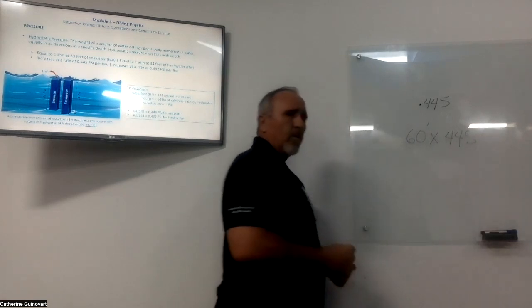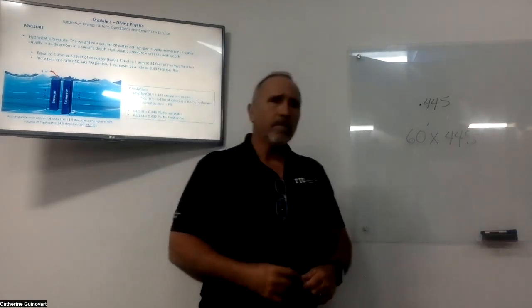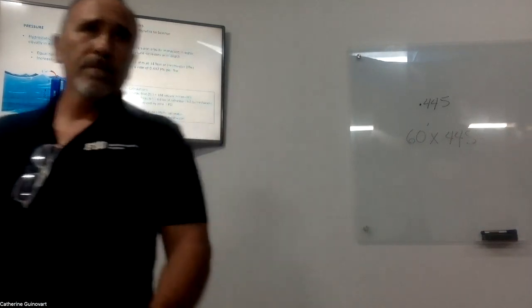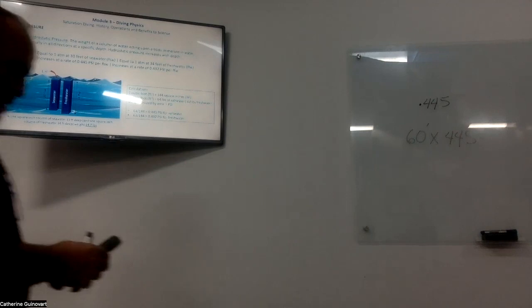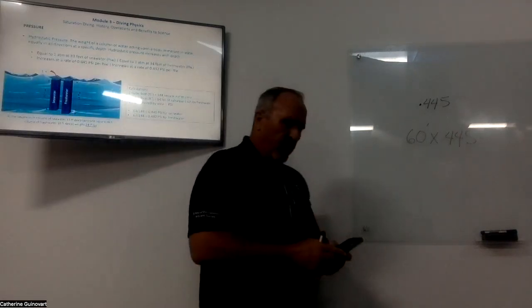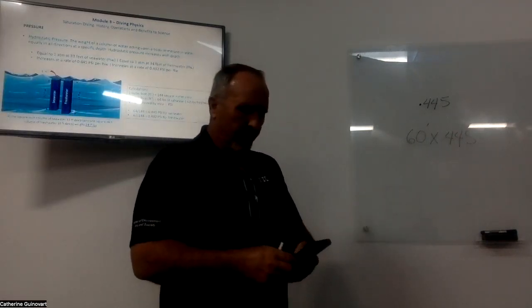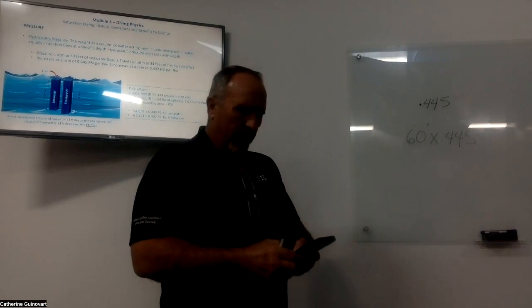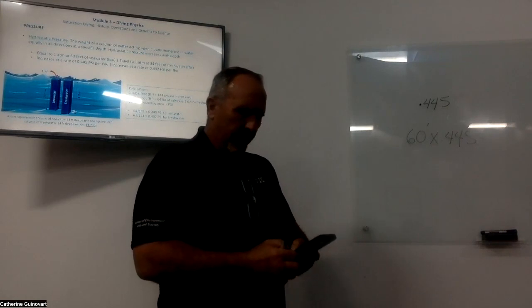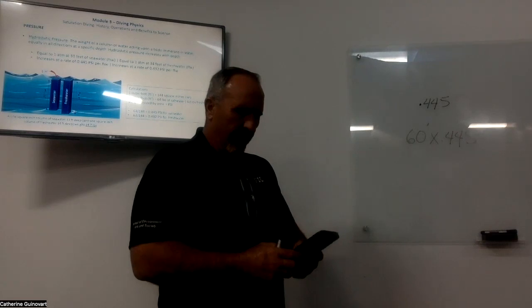Go ahead and figure that out real quick. And I'm going to do it with you. So we have 60 times 0.445.